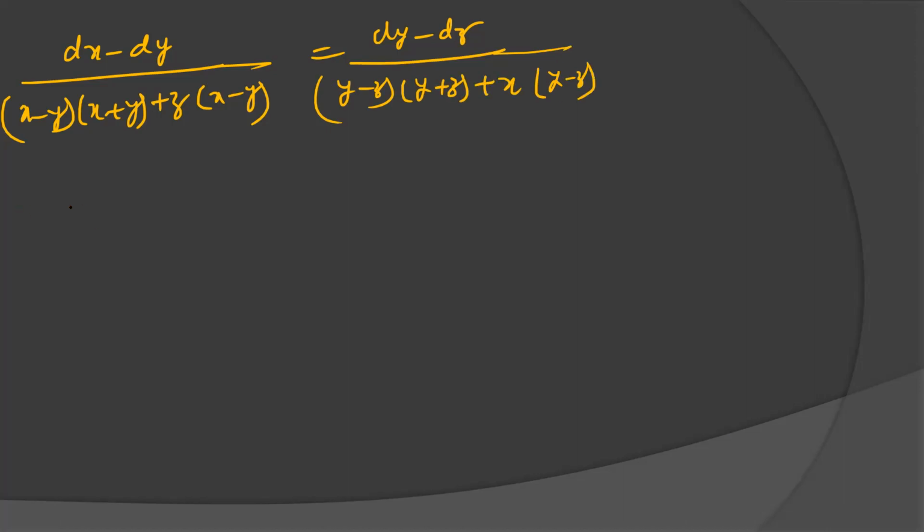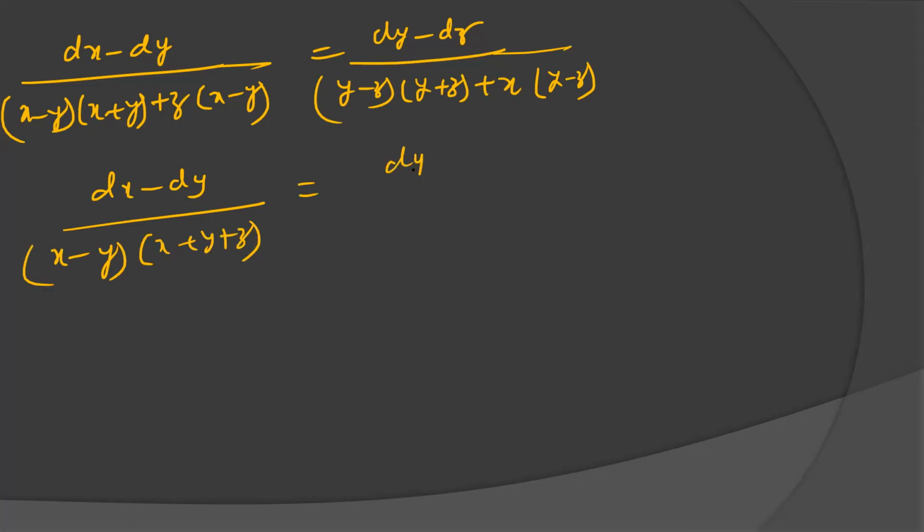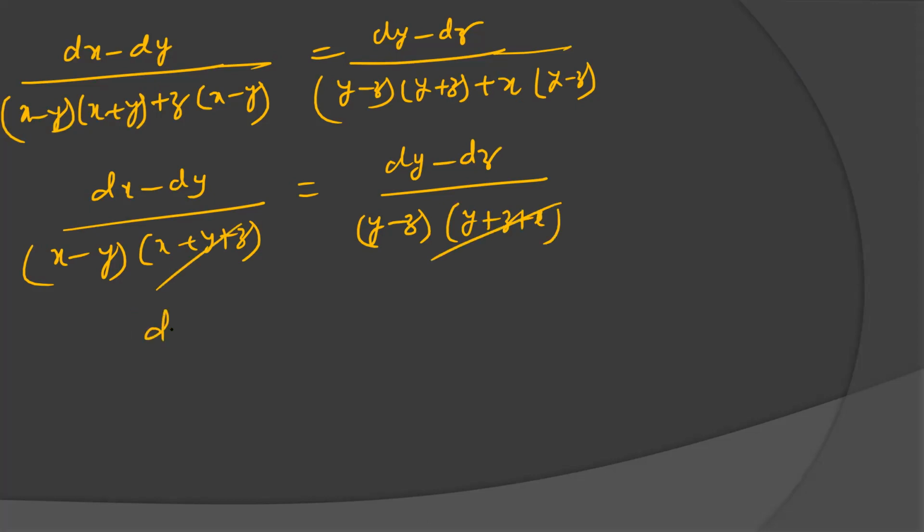Or you can write dx minus dy over x minus y, you can take common, this is x plus y plus z. This is dy minus dz over y minus z, y plus z plus x. So this factor is cancelled out. So this can be written as d of (x minus y) over (x minus y), because d means derivative.